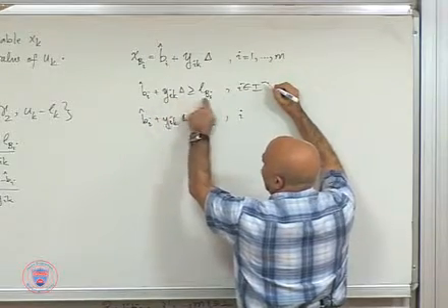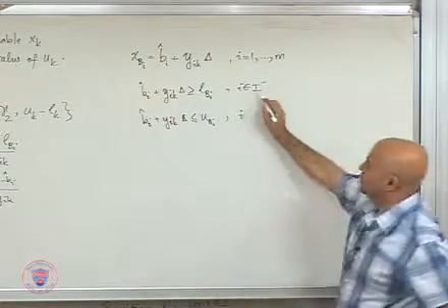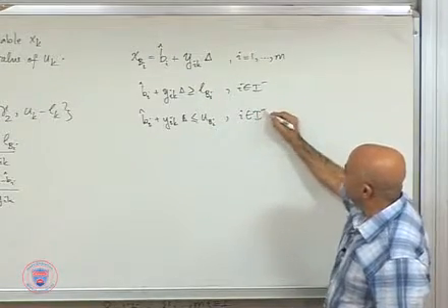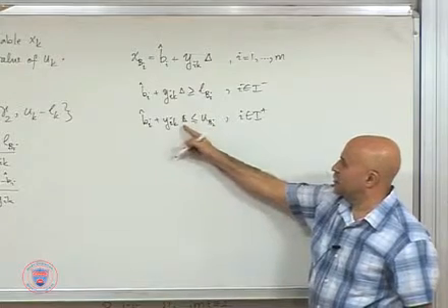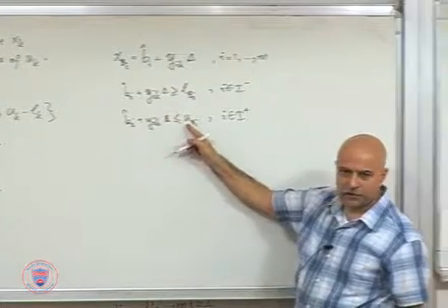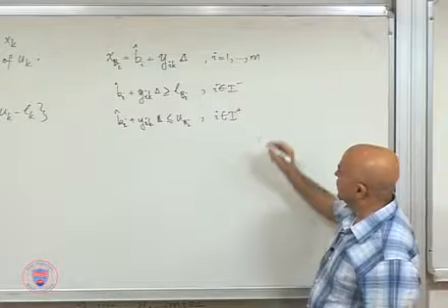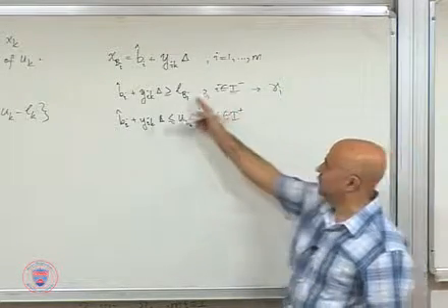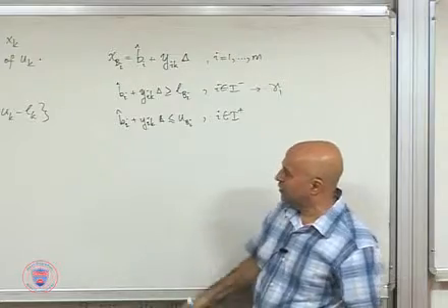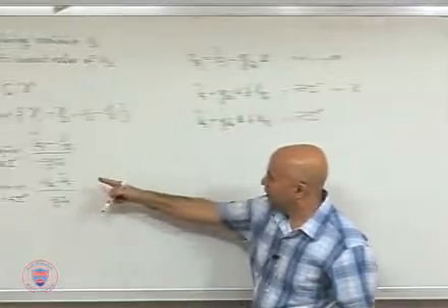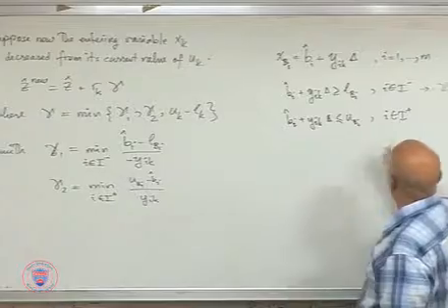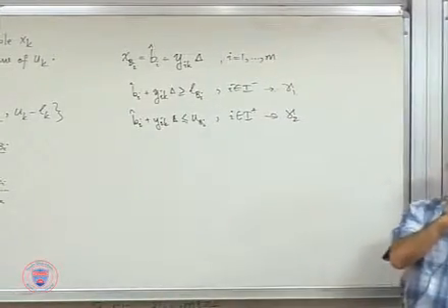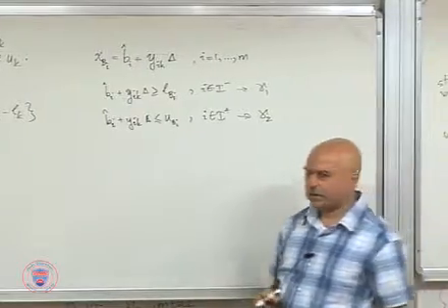Yes, this is going down, so it may hit the upper bound. That's why you've got that. And for the other ones, coming from the plus set, you have to make sure that they don't go up too much. Okay? And of course, this gives you two kinds of ratios. The first one gives you gamma 1, if you look at the minimum of these ratios. The second one gives you gamma 2. Okay? So it looks correct.